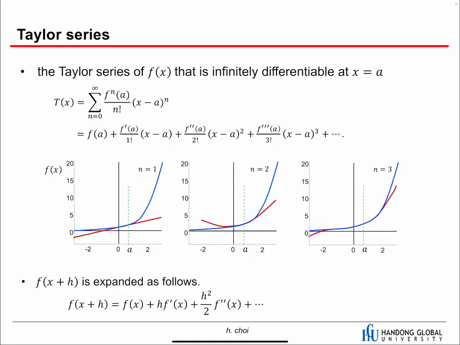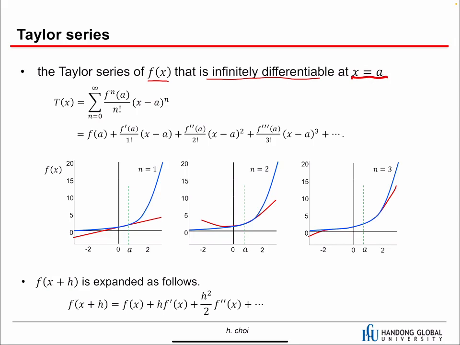Okay, and the second one is Taylor series. Taylor series is really important, especially when we talk about optimization. For the Taylor series of f of x, f of x should be infinitely differentiable at a specific location.